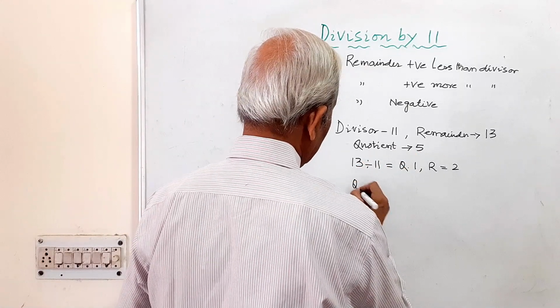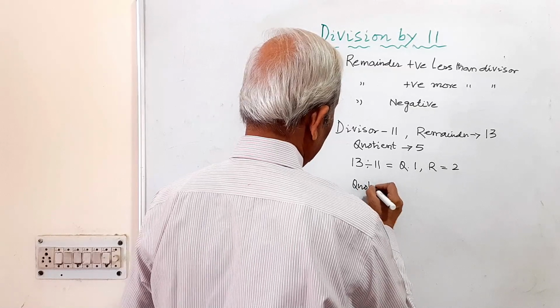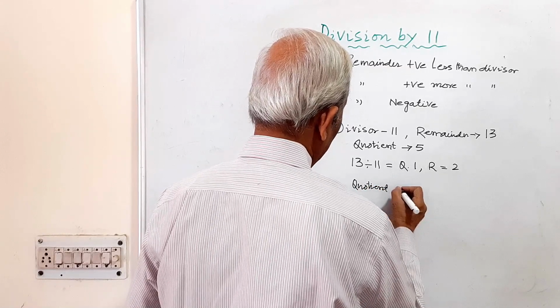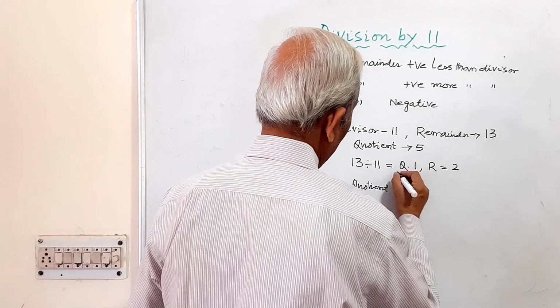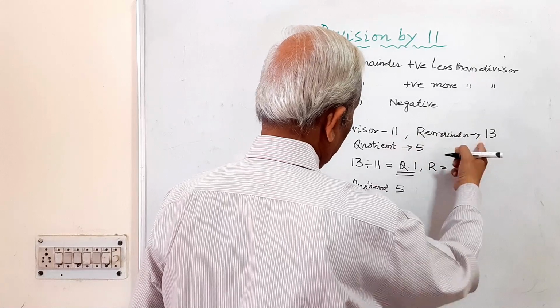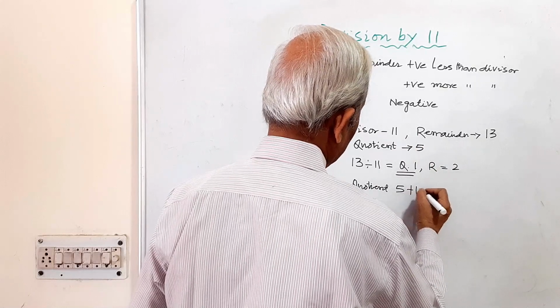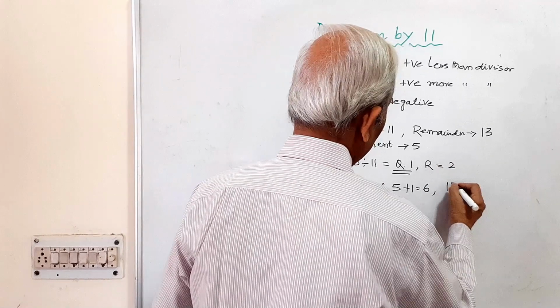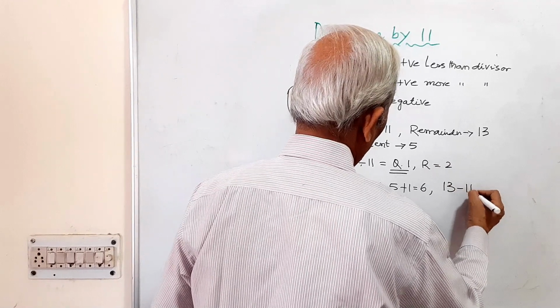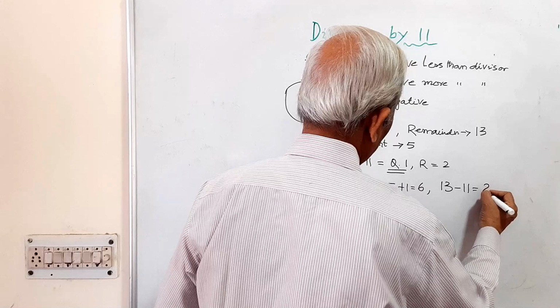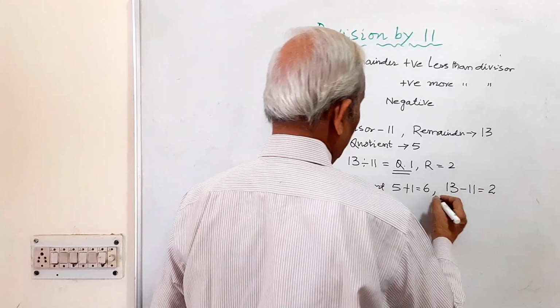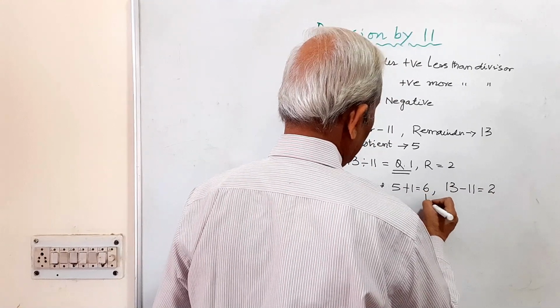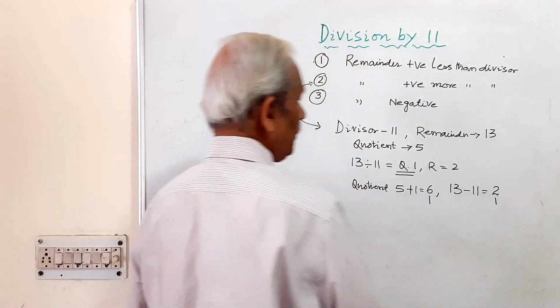So add this, your final answer will become quotient is 5. Now one quotient you have got more by further division, 5 plus 1 is 6 and your remainder will become 13. By dividing by 11, what comes out? 2 remains as the remainder. The final quotient is 6, final remainder is 2, that will be your answer.